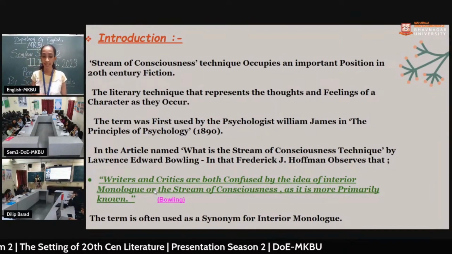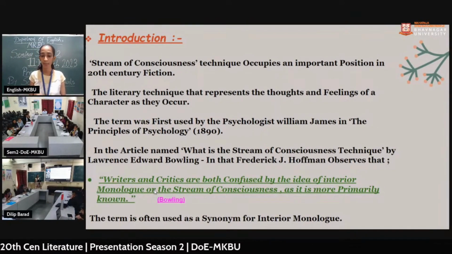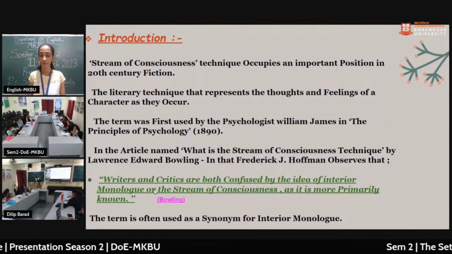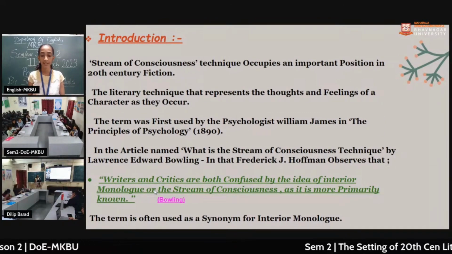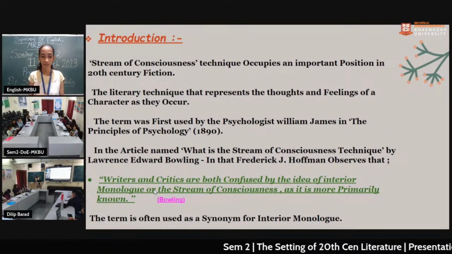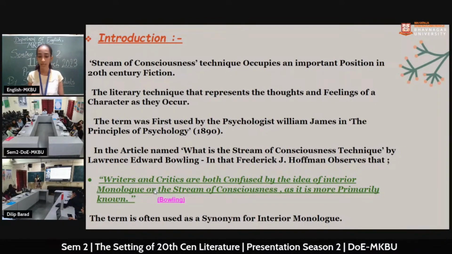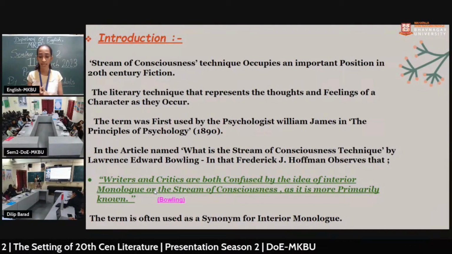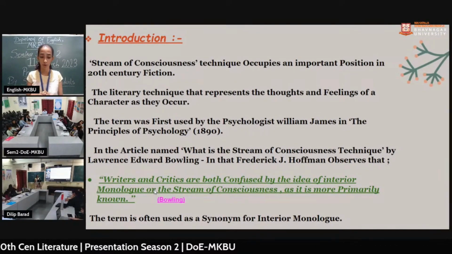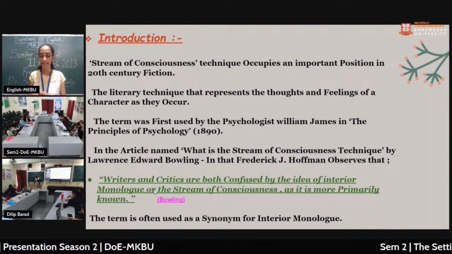Stream of consciousness technique occupies an important position in 20th century fiction. It is a literary technique that represents the thoughts and feelings of a character as they occur. The term was first used by the psychologist William James in his book Principles of Psychology in the year 1890.